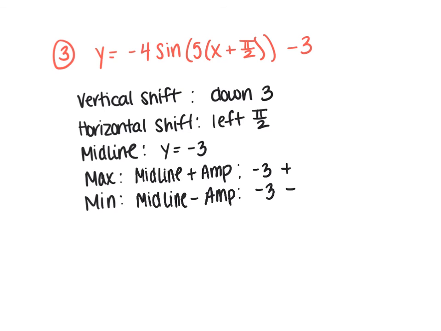So my amplitude is found right in front here. Take the absolute value of -4, which is 4. So I'm going to add and subtract 4. So my maximum is -3 plus 4, which is 1. And my minimum is my midline minus my amplitude. So -3 minus 4 is -7.